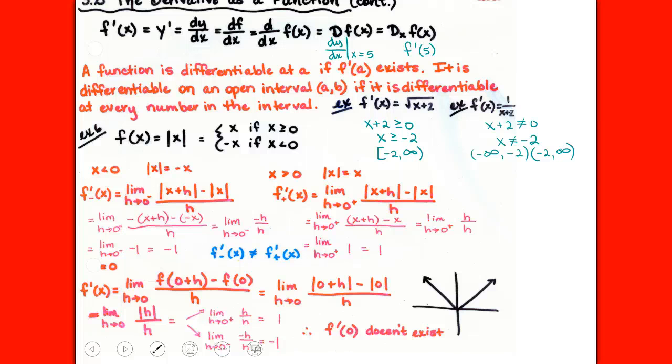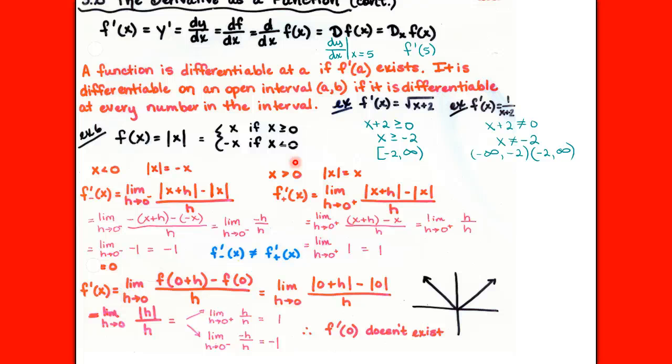So the first thing I'm going to do is redefine this absolute value as a piecewise. I'm going to say the absolute value of x is x if x is greater than or equal to 0, or negative x if x is less than 0, because if what's inside your absolute value is greater than or equal to 0, you get what you started with. If it's less than 0, then you get the opposite of what you started with, right?